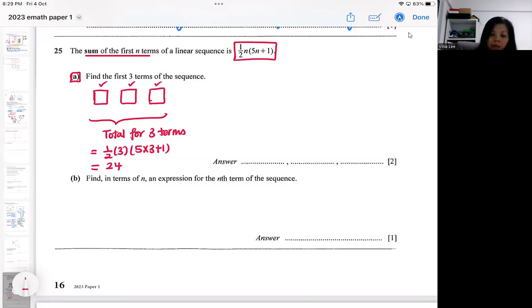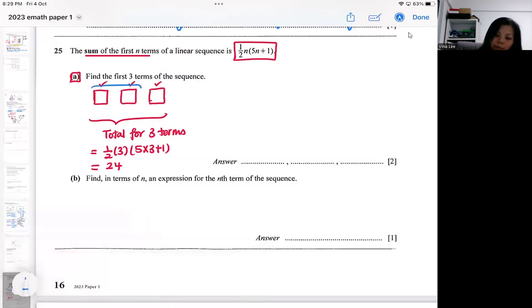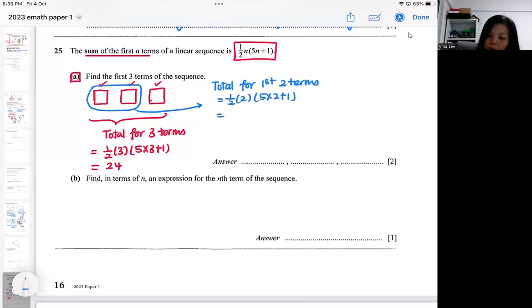Then I'm going to find the sum of the first 2 terms. What will be the total for the first 2 terms? I'm going to put in 2. If I do that, I will get 11.